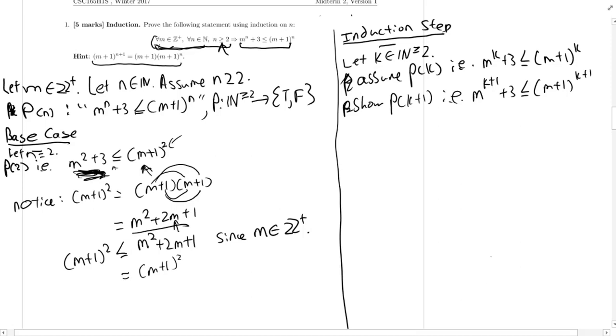Now we assume this part, and we want the other part, and we look at the hint here.